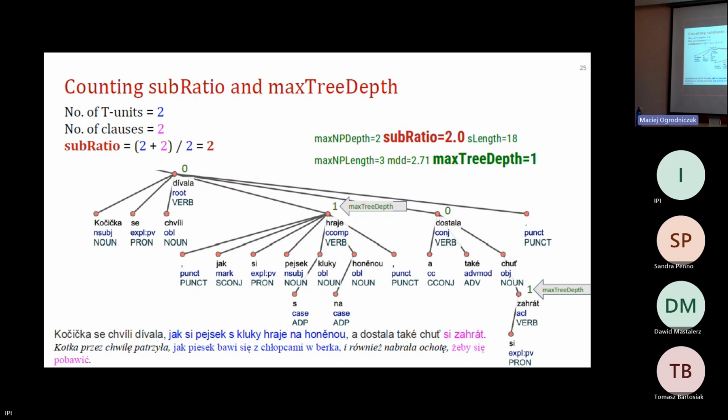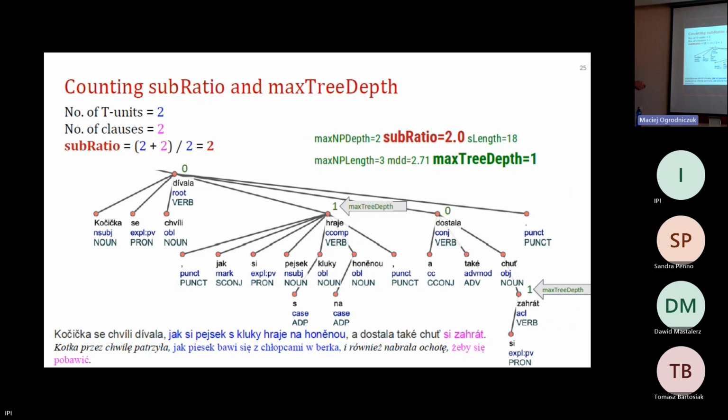And now the maximal tree depth: you count only the clauses. You don't count noun phrases or anything else. So here you go from 0 to 1, because it's a complement clause, a clausal complement, C-comp. It's like an object, only clausal.